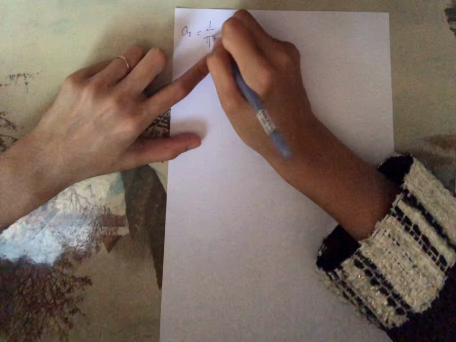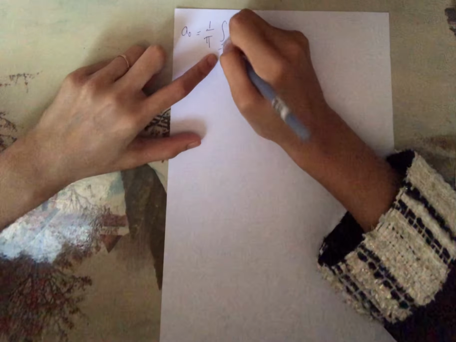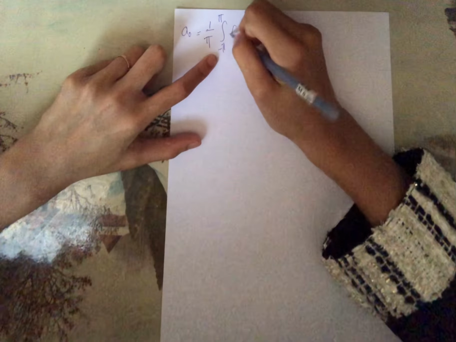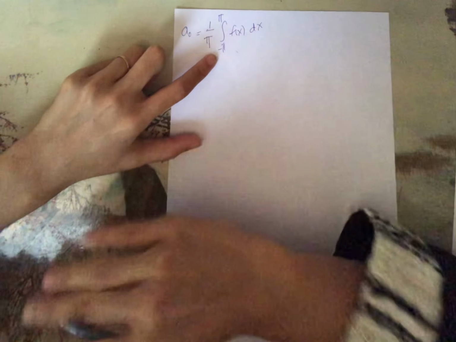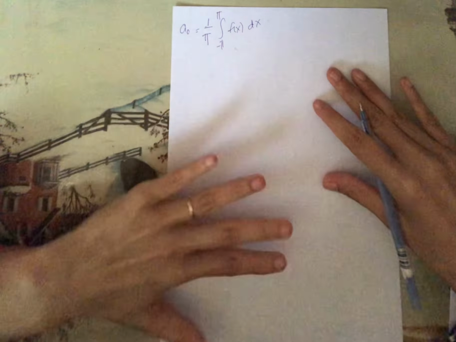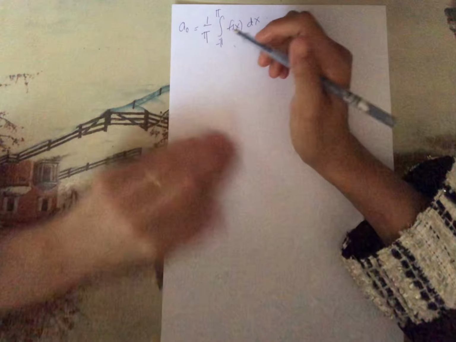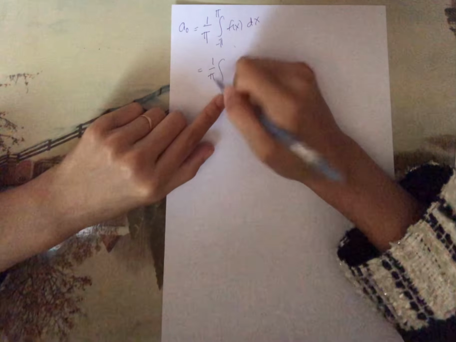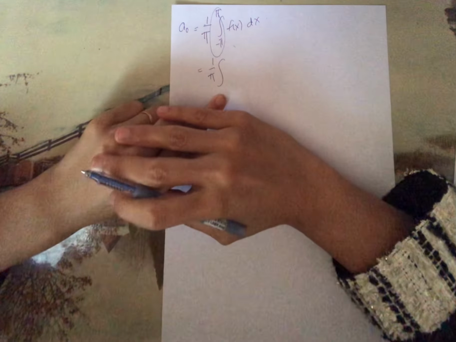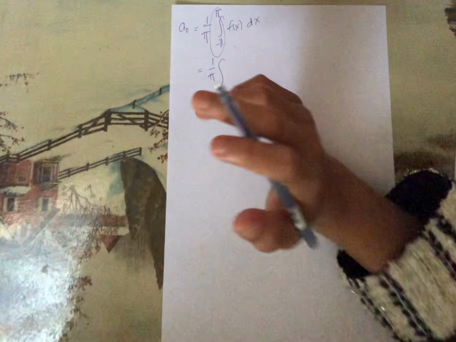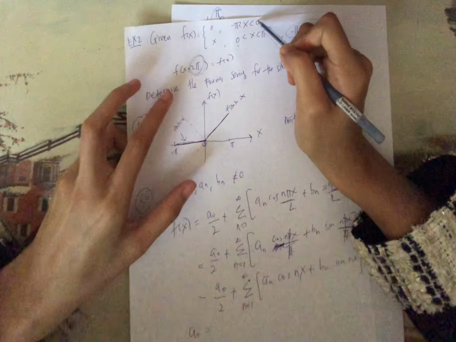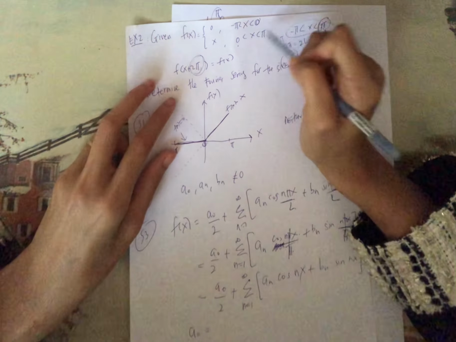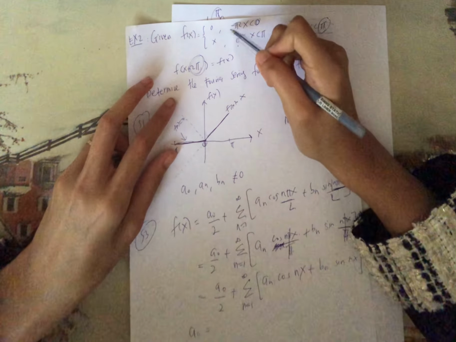So 1 over pi, integral from negative pi to pi of fx dx. Like we see from the interval, it is not continuous between negative pi and pi.